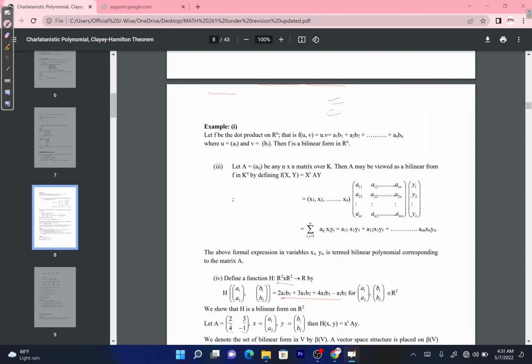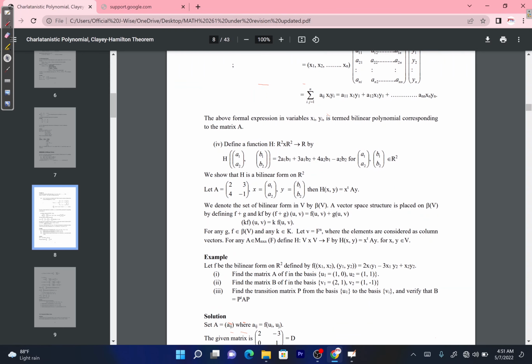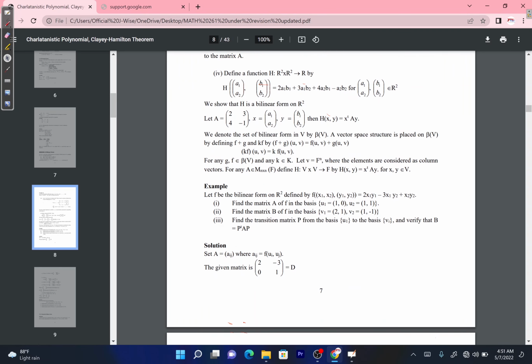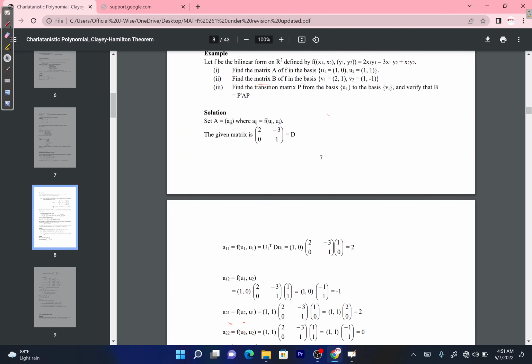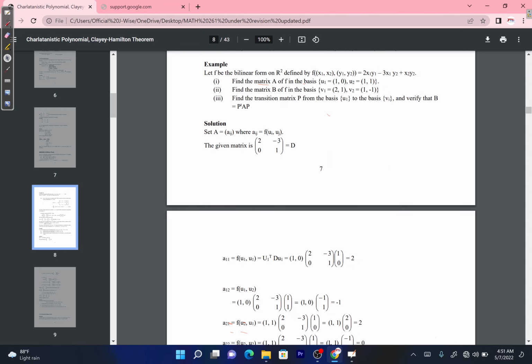Now let's look at some examples. We have a very nice question here. Let f be a bilinear form on 2 dimension defined by this.